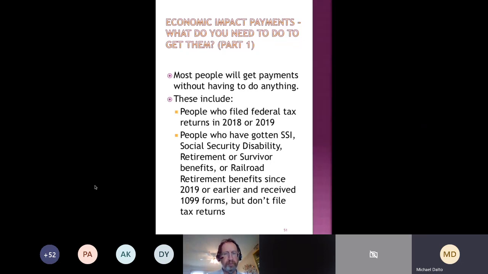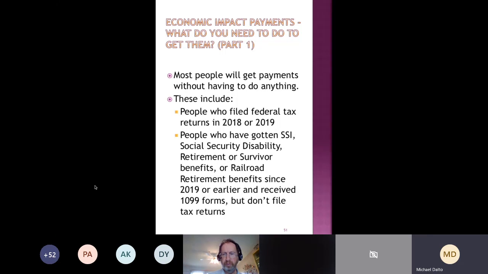And they've been getting those benefits since 2019 or earlier, then they don't have to do anything to get their payments. The IRS will have information about the benefits they received through copies of the 1099 forms that Social Security or the Railroad Retirement Bureau sends to people documenting the benefits they got for the year.